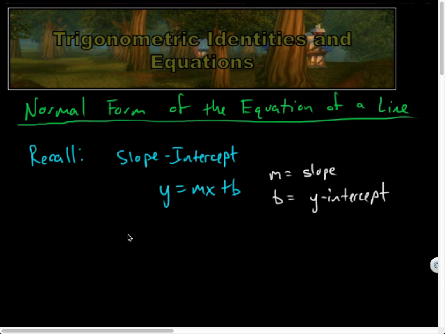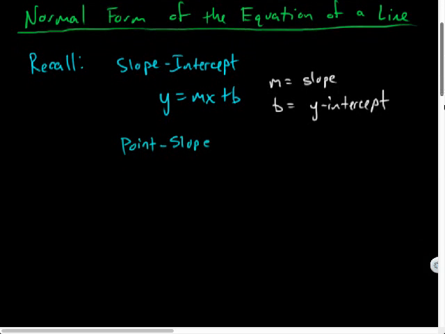There's also point-slope form, which, in my mind, might be the most useful, even though it's not as popular or famous as slope-intercept. That was y minus y1 equals m times (x minus x1).